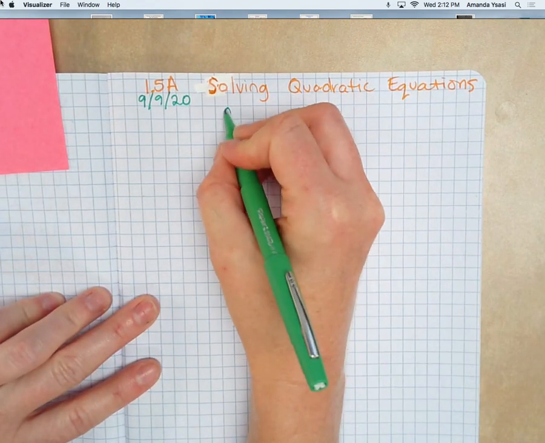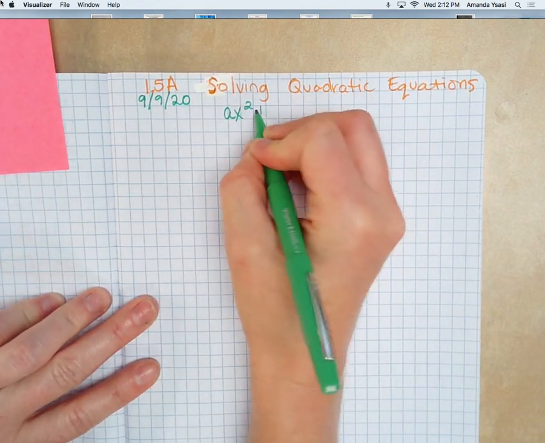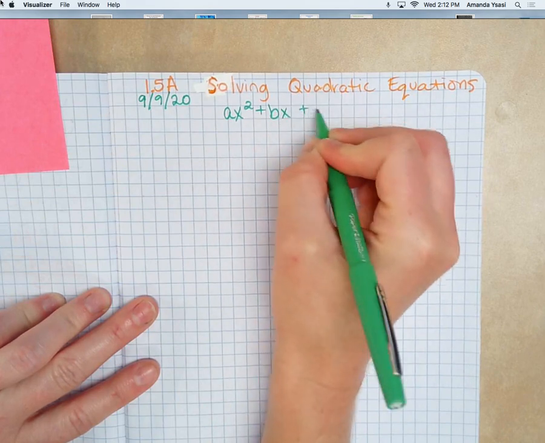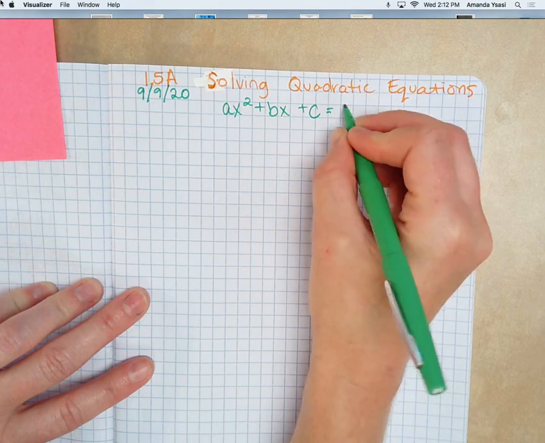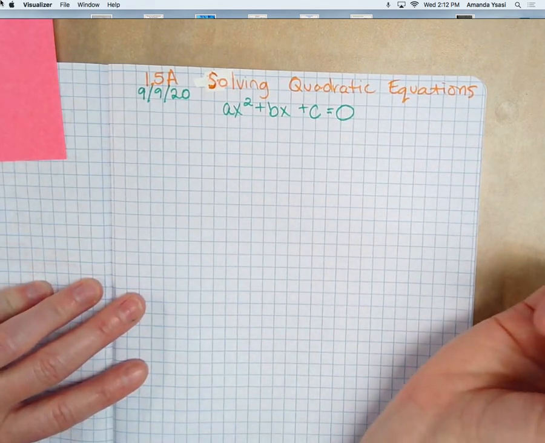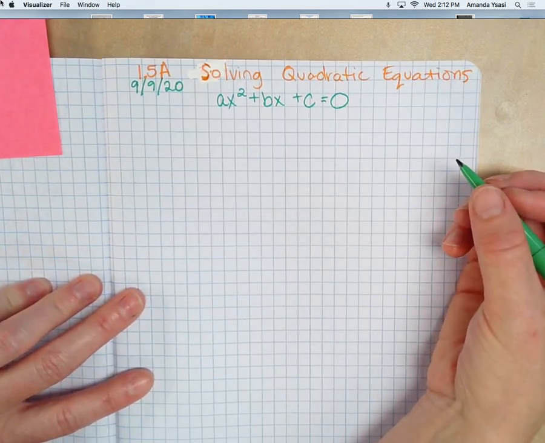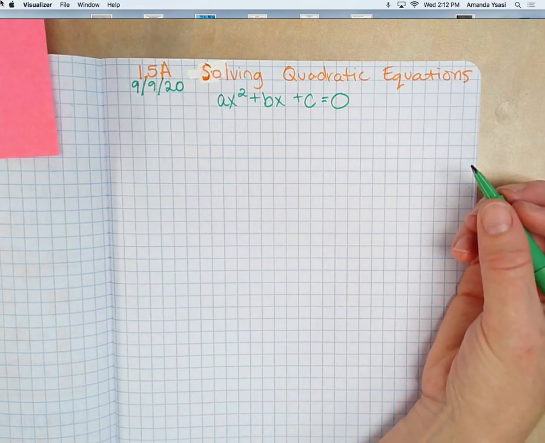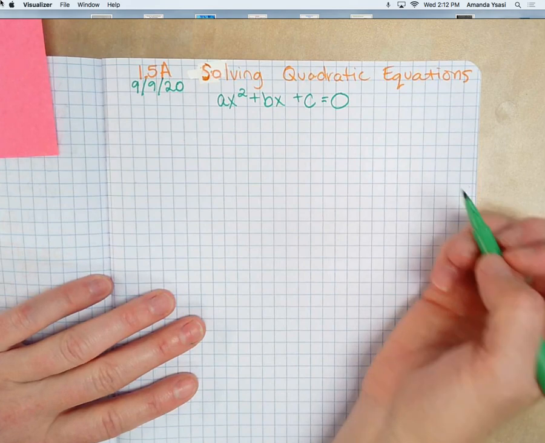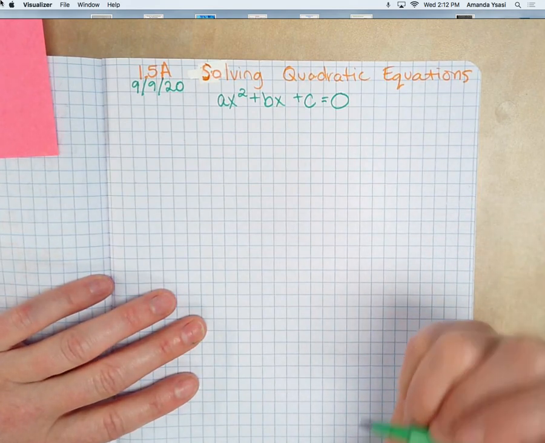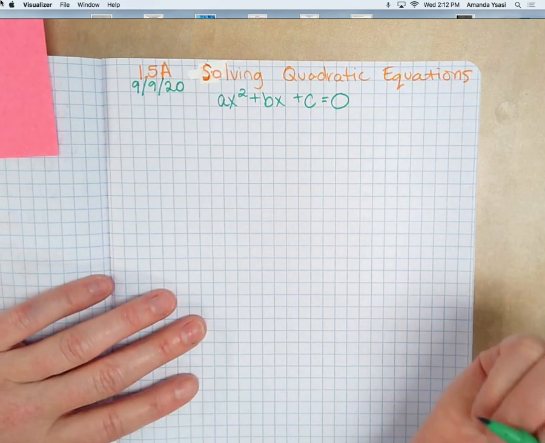All right, so recall that ax squared plus bx plus c is the standard form of quadratic. If we have equals 0, we can solve it. When we solve it, we find our x-intercepts, which are also called zeros.